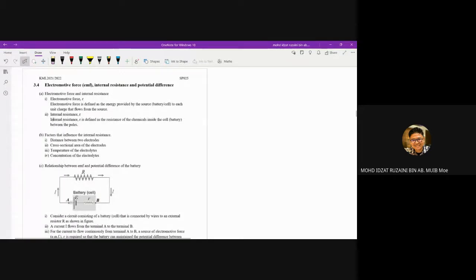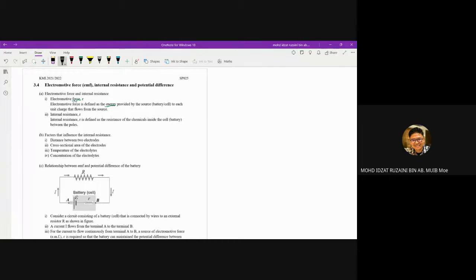Okay, so the first one ialah tentang electromotive force atau EMF dan juga tentang internal resistance. So apakah dia electromotive force? Okay, in order to define this one, walaupun namanya force, tapi sebenarnya kamu define dia dengan energy. Dia sebenarnya sejenis energy yang membolehkan charge bergerak dalam circuit kita.